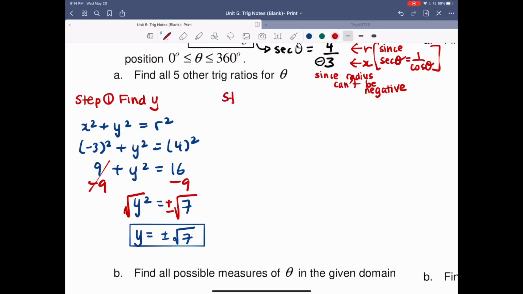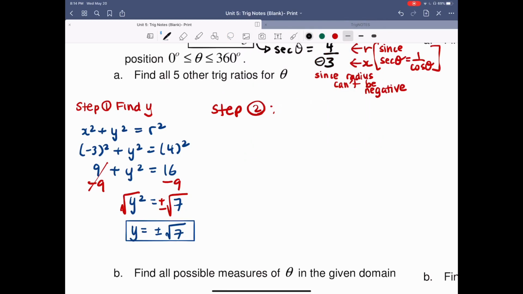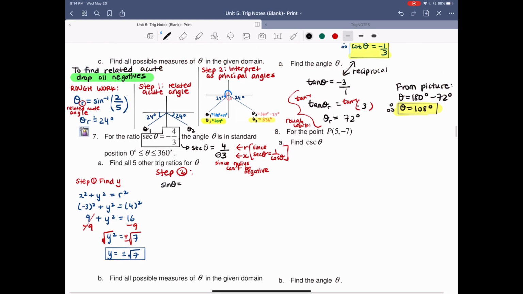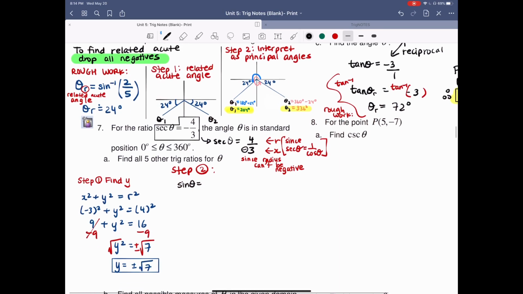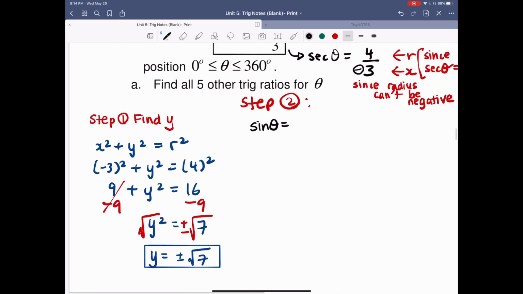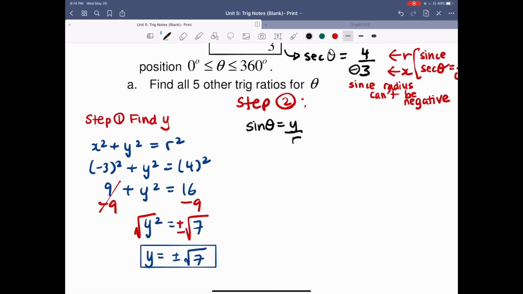Let's move on to step 2 to actually find the other trig ratios. So at first, I'm going to write down all my formulas for my 5 trig ratios. So I have sine theta is equal to opposite over hypotenuse. And based on the summary, which is over here, sine theta is equal to y over r. Cos theta is equal to x over r.